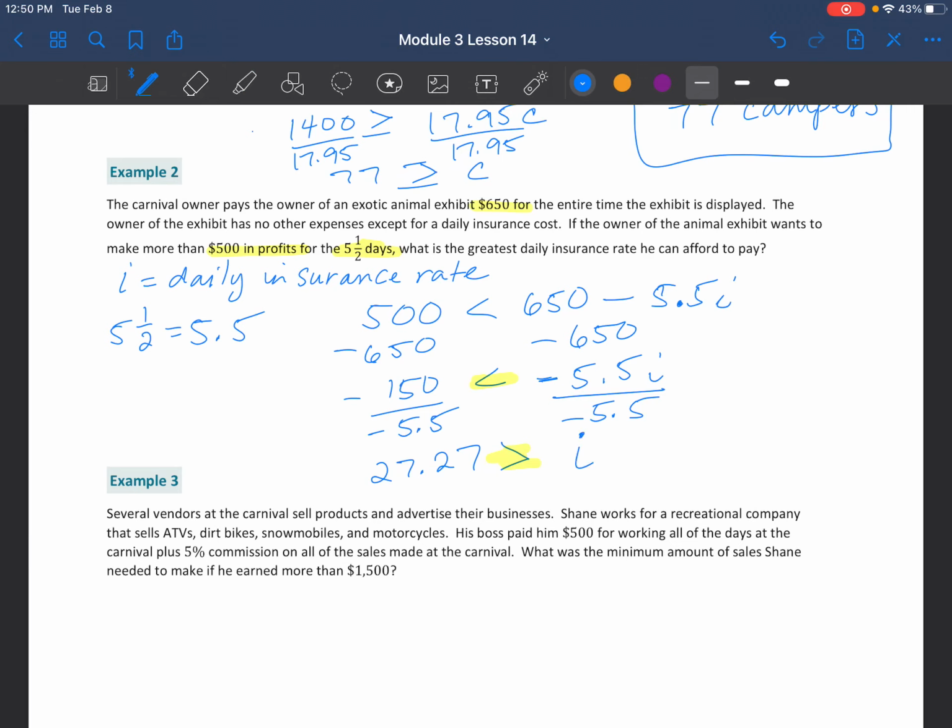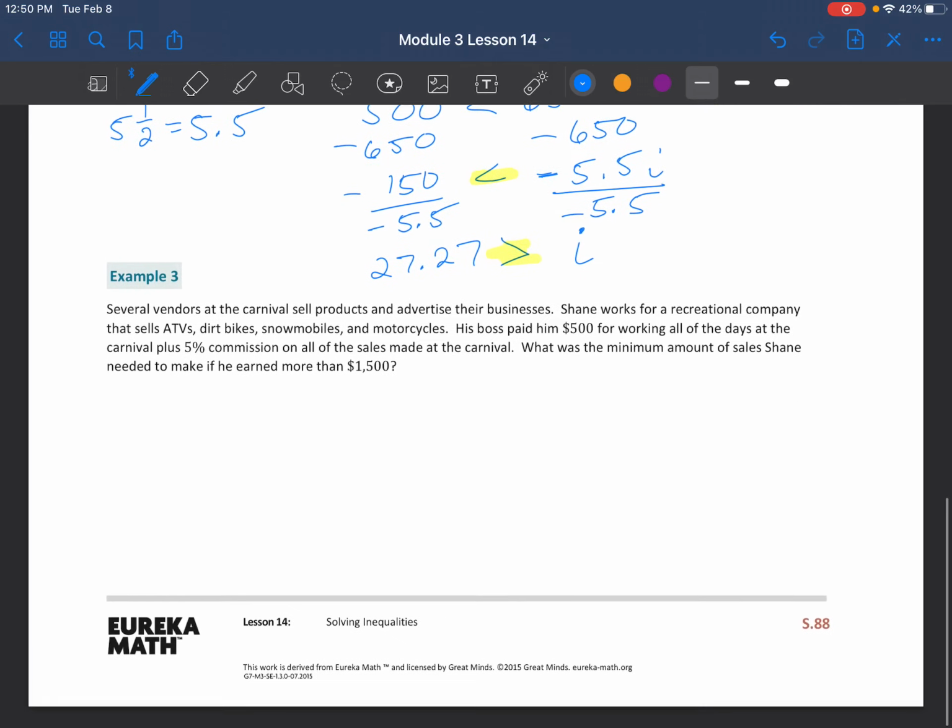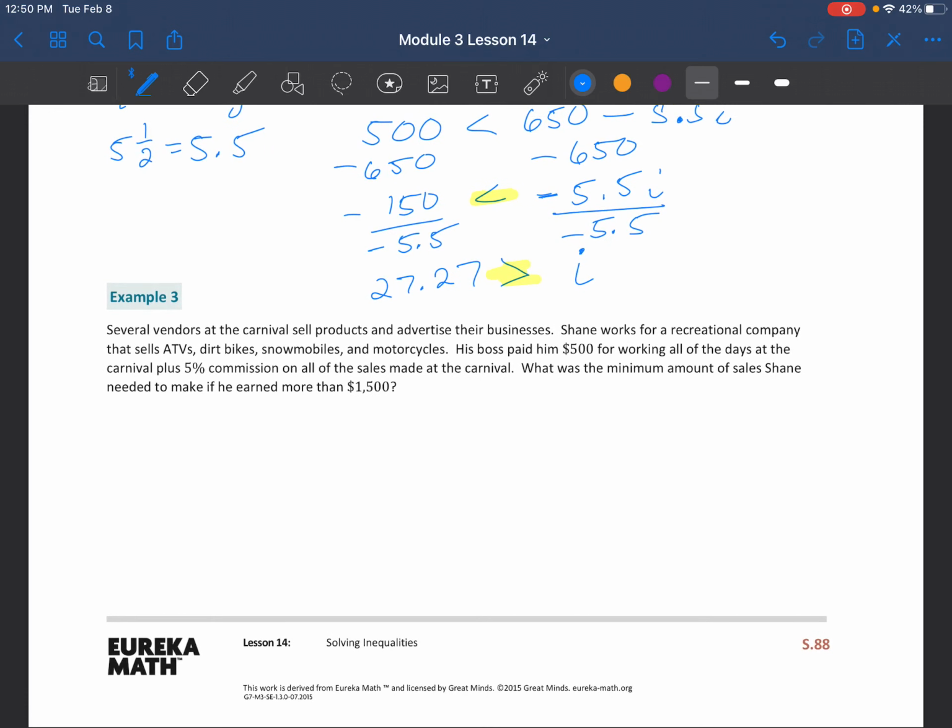And again, I'm switching my symbol, right? So notice the change. I went from this less than to greater than, okay? Because we're dividing by a negative number. And then I just end up with I on this side. And so this is how much insurance he can afford to pay. $27.27 daily.